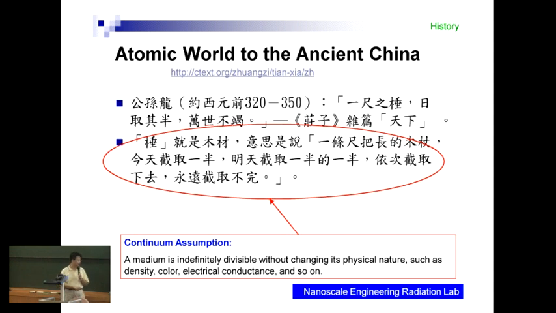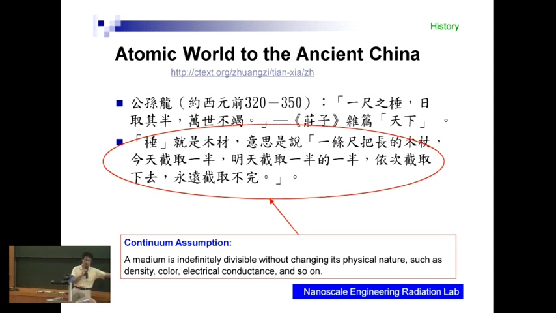So here is the continuum assumption: a medium is indefinitely divisible without changing its physical nature. By physical nature, I mean such things as density, color, electrical conductance, and so on.